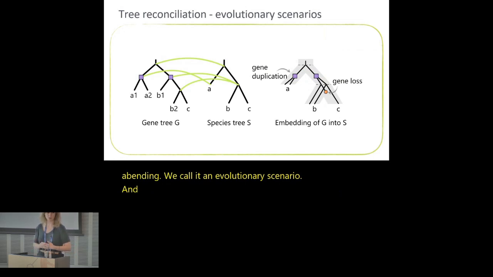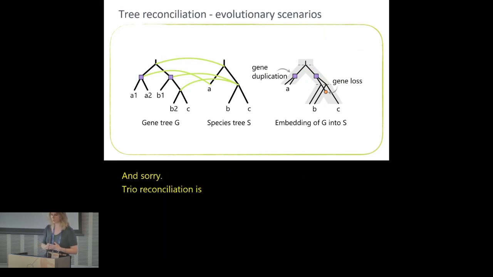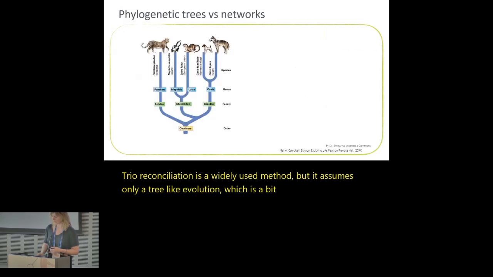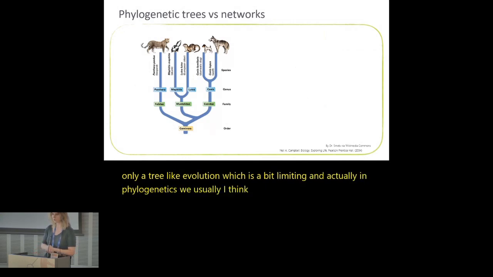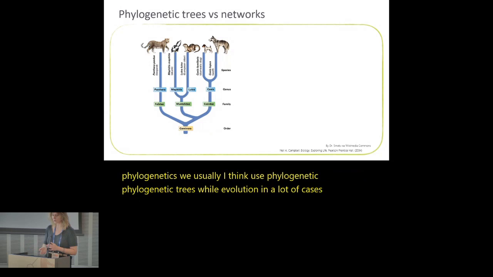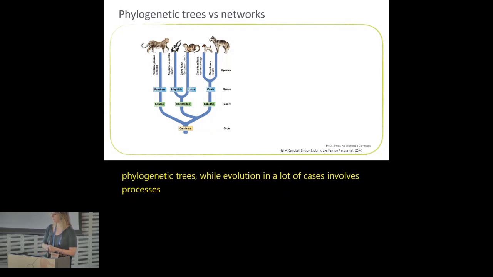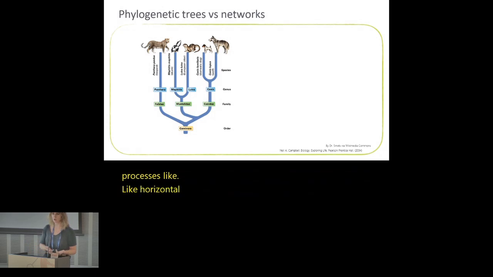Tree reconciliation is a widely used method, but it assumes only a tree-like evolution, which is a bit limiting. In phylogenetics we usually use phylogenetic trees, while evolution in a lot of cases involves processes like horizontal gene transfers, introgression or hybridization.